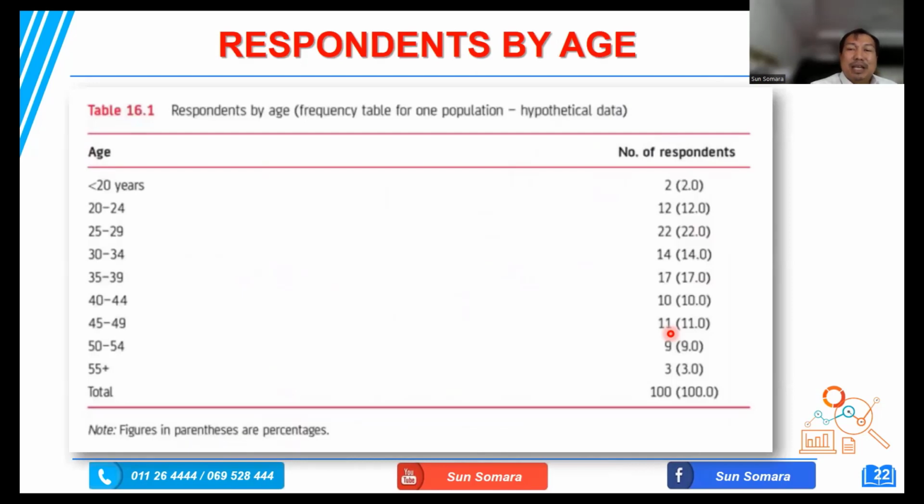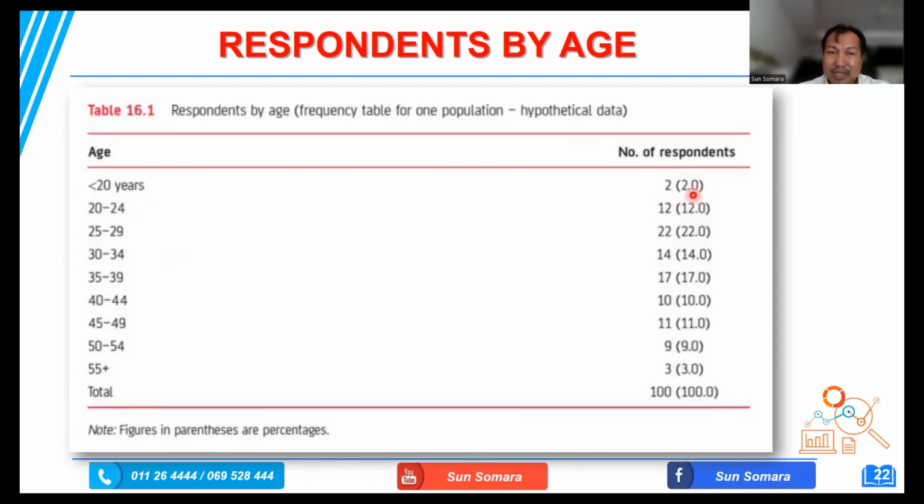Okay, respondents by age. So this part shows the number of respondents, and this one is their age.